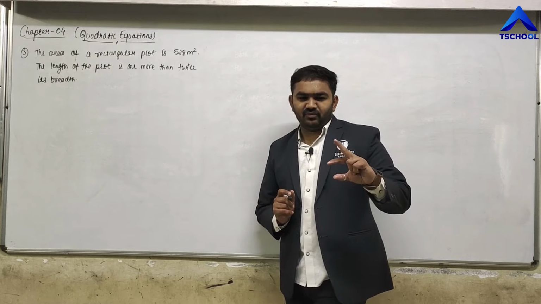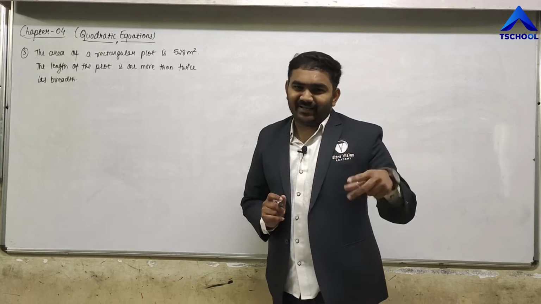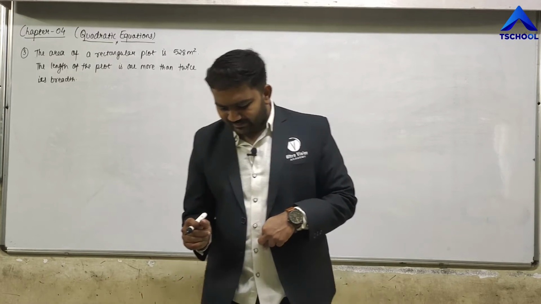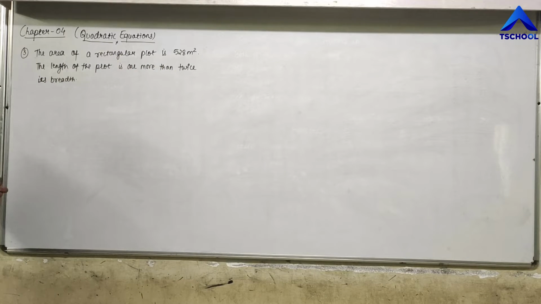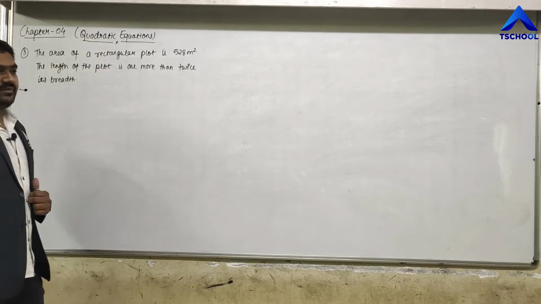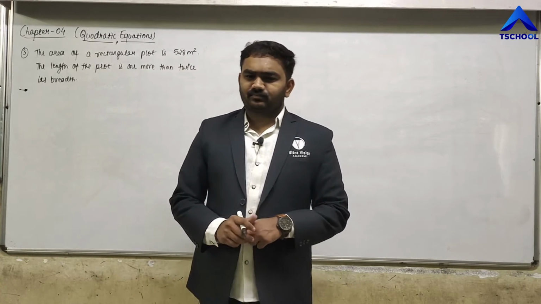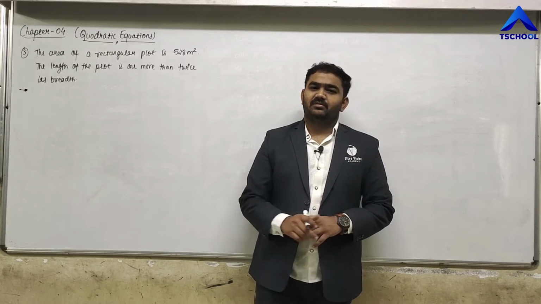That means length is directly dependent on the breadth. If breadth changes, then length is also going to change. So in this type of question, we will always assume as the variable the thing that is directly dependent on the other one.